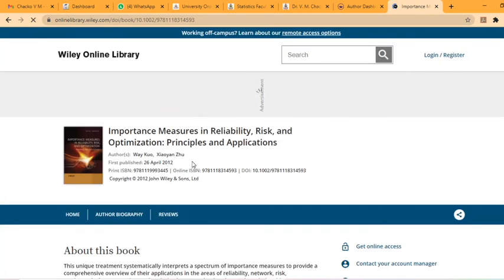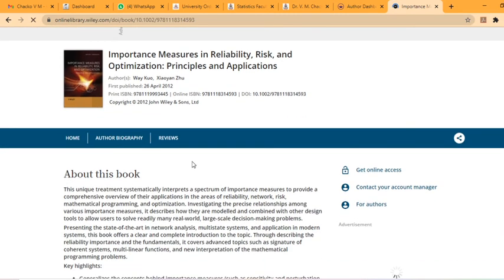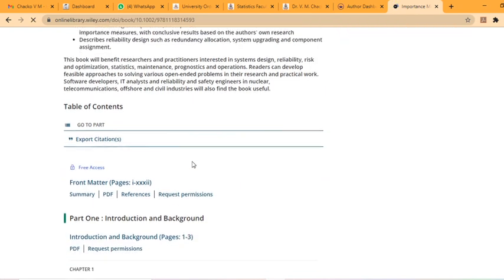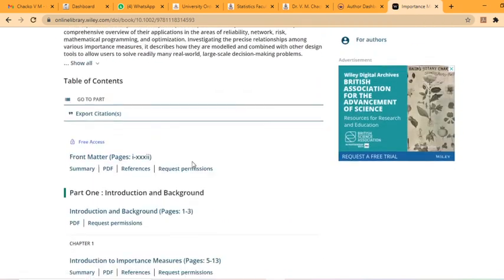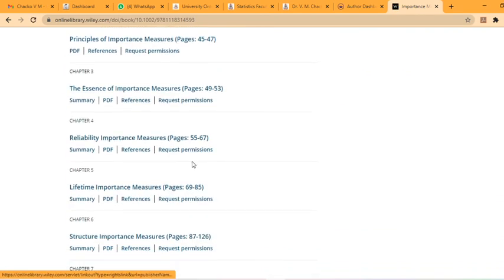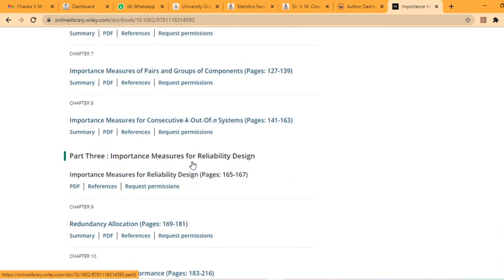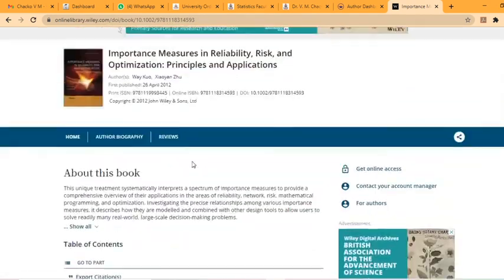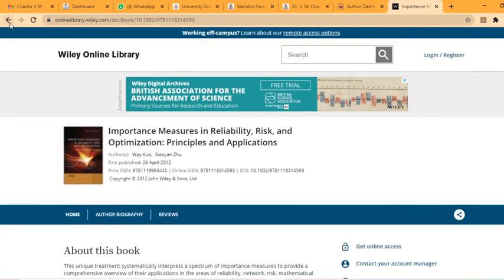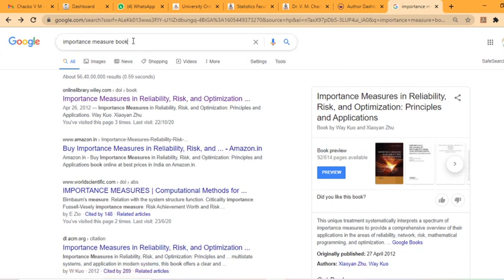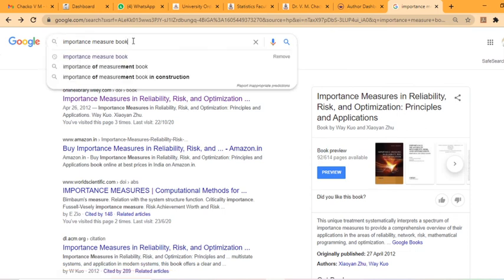They have cited my work in this book about the importance measure. In one of the chapters they have mentioned our work. Okay, so there are plenty of opportunities available in the area of reliability theory. Many statisticians, mathematicians, and reliability engineers are working in this area.